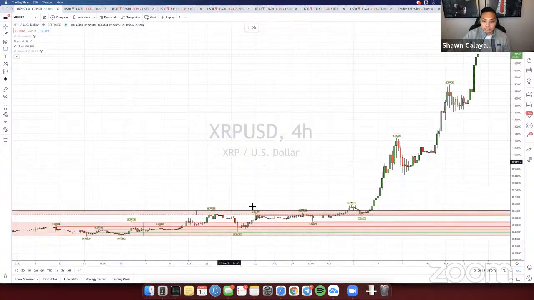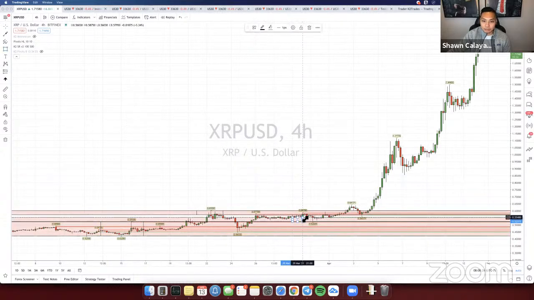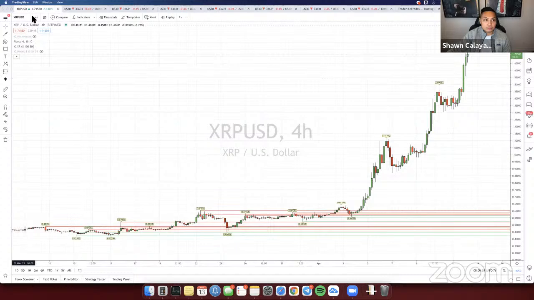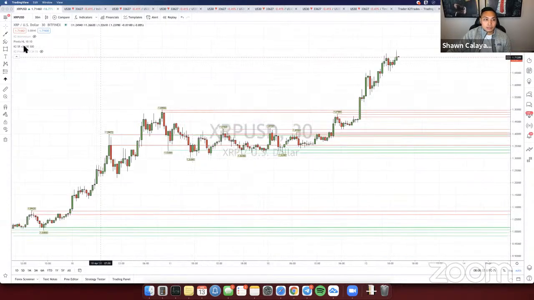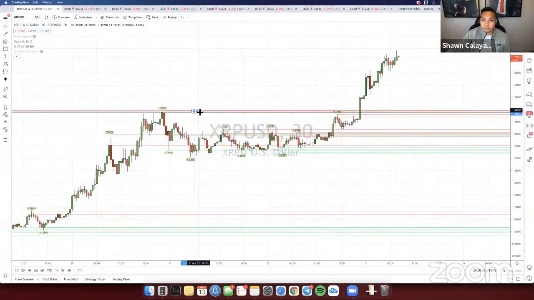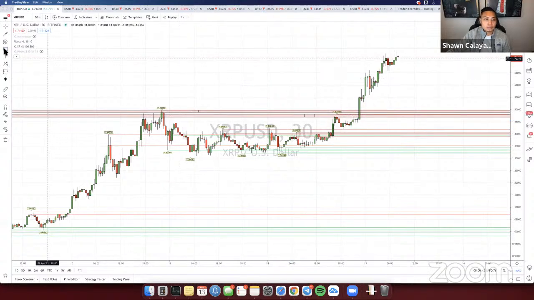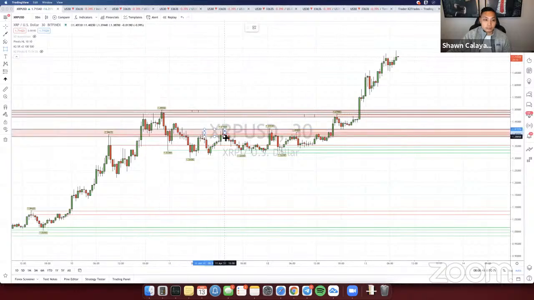I'm over here trying to look at XRP for you guys, but after this big move, we have to go on the shorter time frame. So let's go on the 30 maybe. This is a little easier to see for XRP because it moved way too high up from where price currently was on the higher time frames. So let's see if we can pull this down right here.